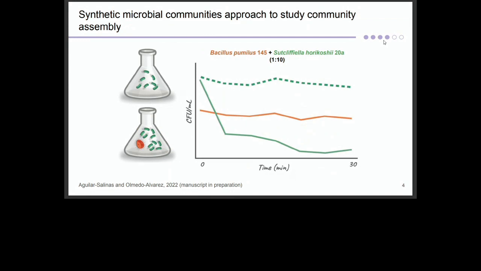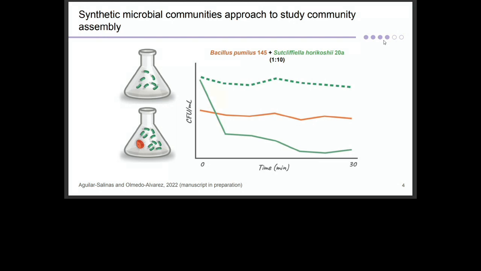Also, we have this broader process, but what happens if we take a small sample of these communities, take it to the lab, and build synthetic microbial communities? A current PhD student in the lab, Aguilar Salinas, made many combinations of these 78, and he found a triad that has some interesting characteristics that I'll address here.